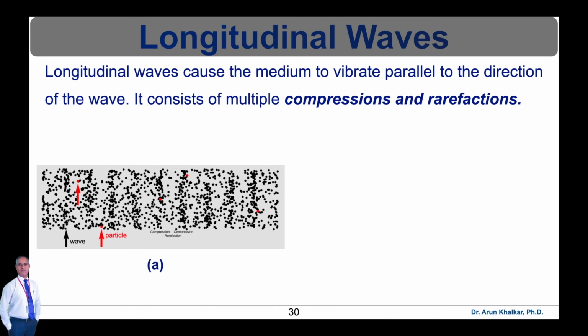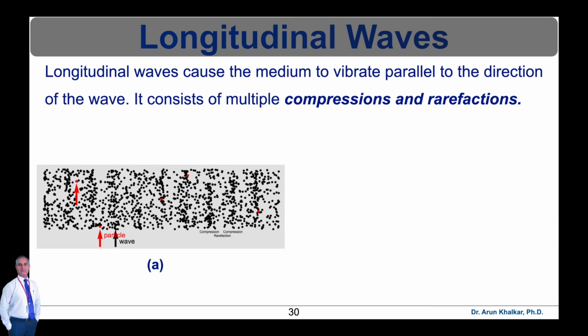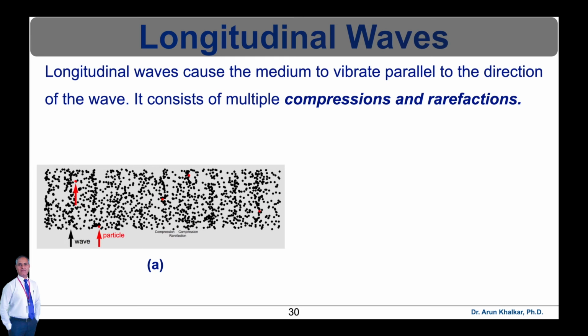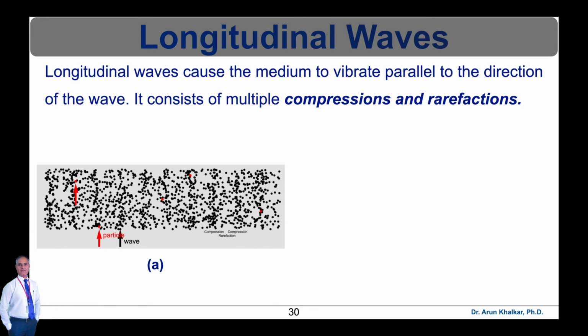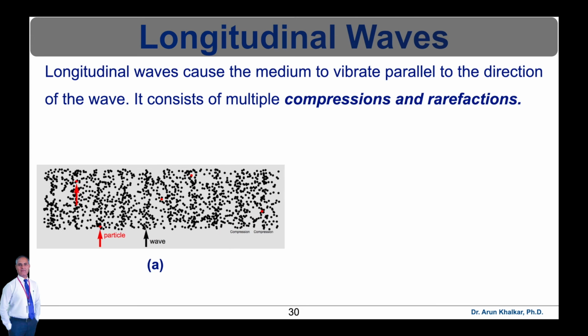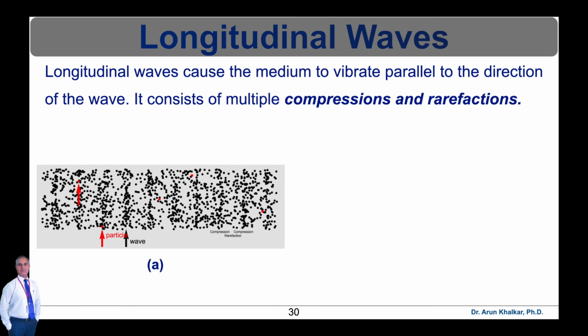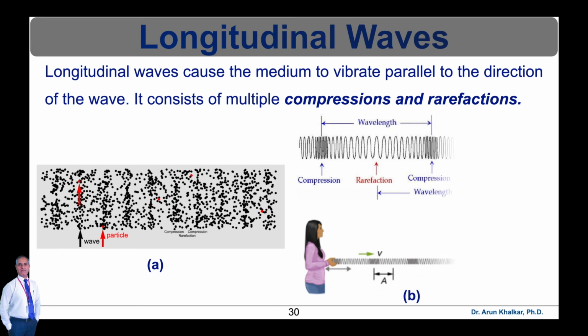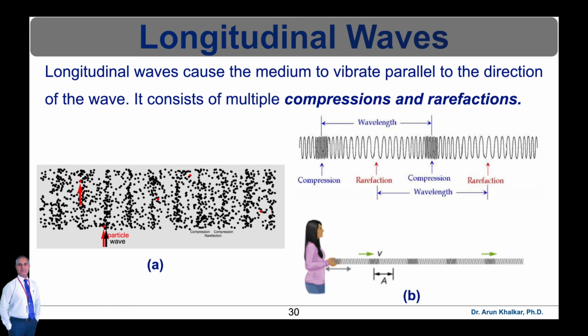The size of the disturbance is its amplitude A and is completely independent of the speed of propagation, that is v. Longitudinal waves are the waves where the vibrations are parallel to the direction of propagation, where the vibration causes the particles to be bunched together, that's a compression. Where they are farthest apart is a rarefaction, as shown in figure B.